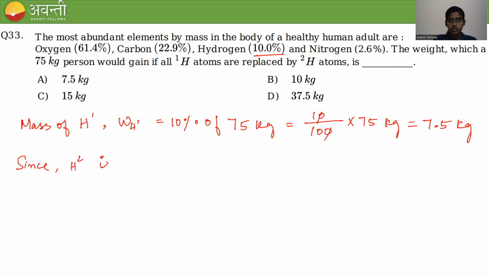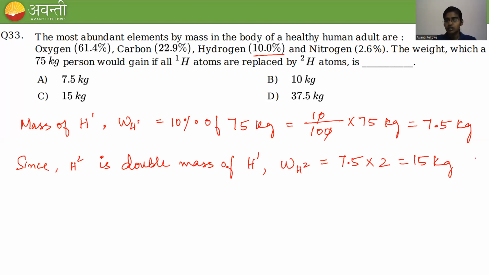Since the mass number increases by twice that of H1, the mass of H2 will be equal to 7.5 into 2, which is equal to 15 kilogram. Got it? So 15 kilogram is the mass of H2 and 7.5 kilogram is the mass of H1.